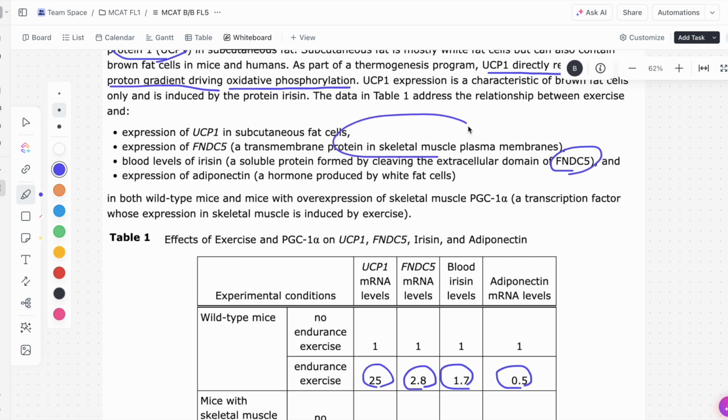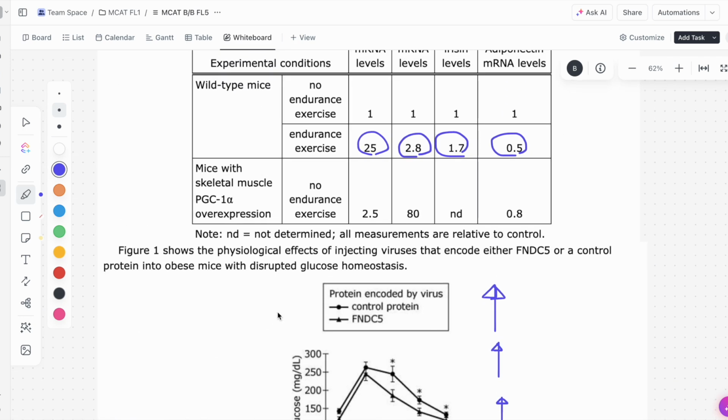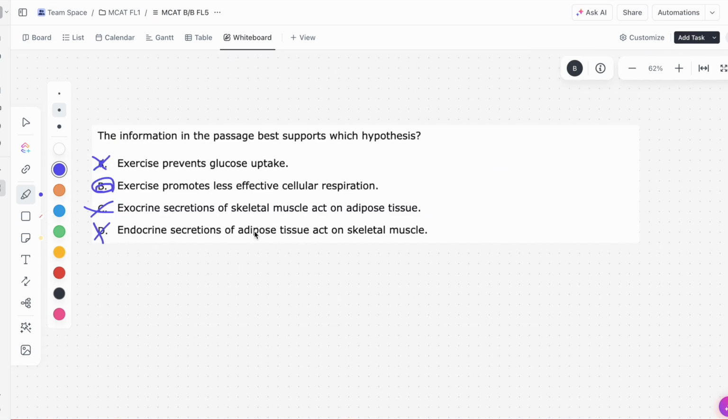FNDC5 is found in skeletal muscles, which means the irisin, the hormone that we're looking for here, is going to be from the skeletal muscle, not from the adipose tissue. So it's not going to be D. Remember, it's the endocrine secretions of the skeletal muscle. That would be what correctly describes irisin, which is why D is wrong, because it says adipose tissue instead of skeletal muscle. That leaves us with B as the correct answer.